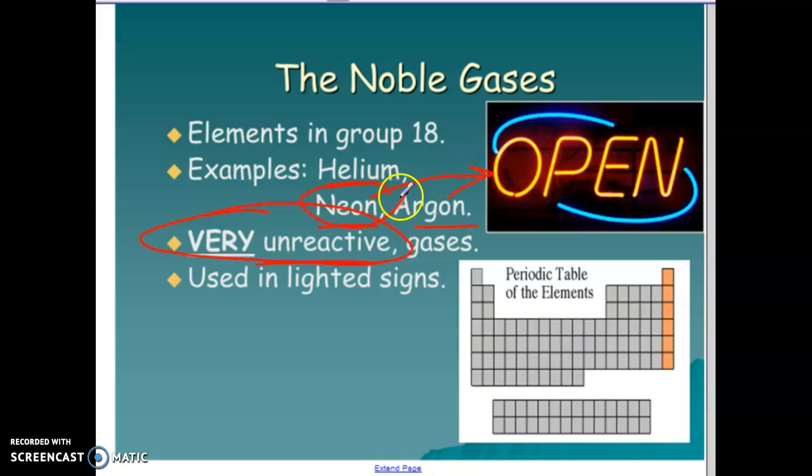So these gases are used in these signs because when you add electricity, it gives off a light. It is now excited, basically gas that has additional electricity added in, which we looked at at the very start of chemistry.